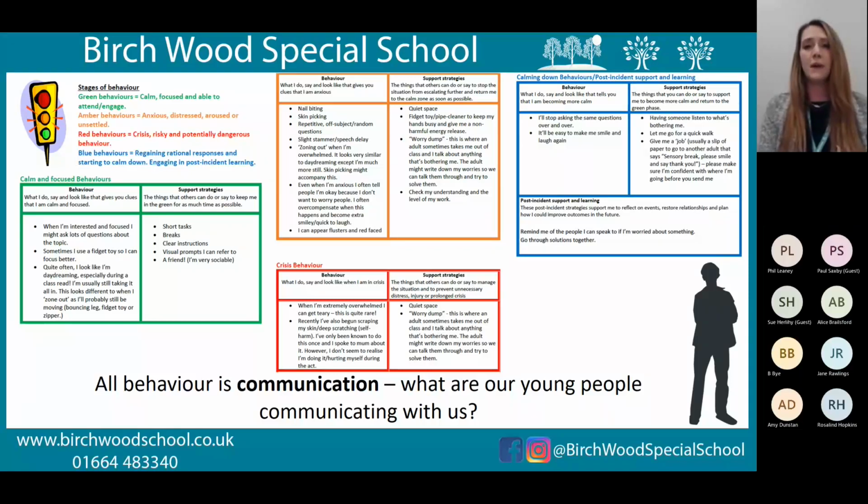How they might look if they then become quite anxious or they are uncomfortable. How they might look if that then develops into crisis behaviour, and how that might look if we are then calming down post-incident. And really importantly, this gives us a chance to talk about how that person is best supported.